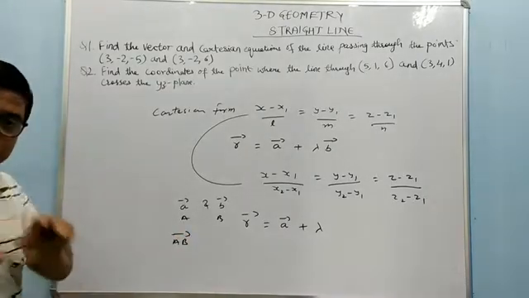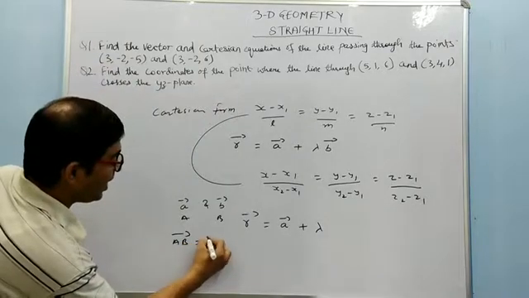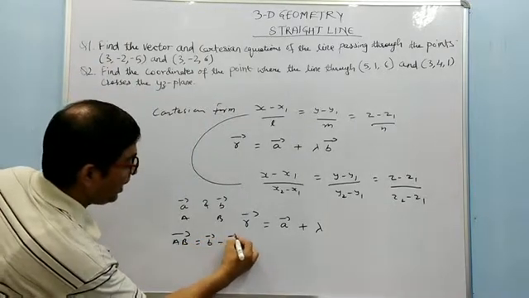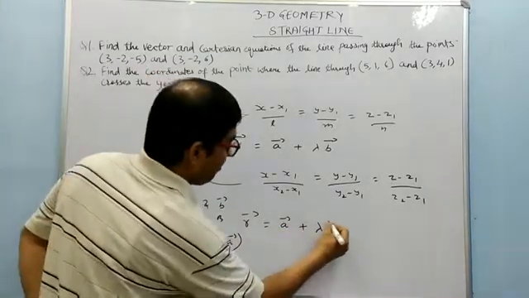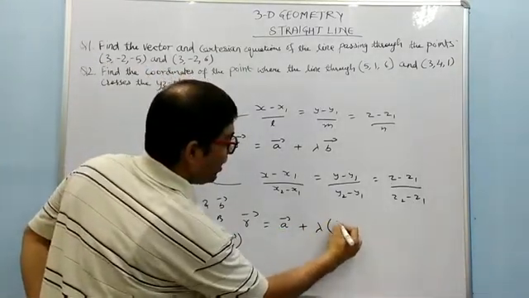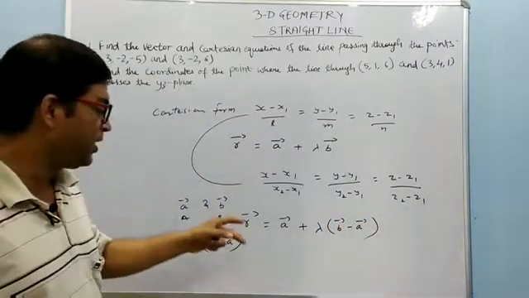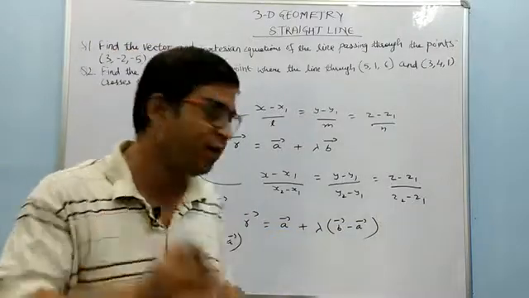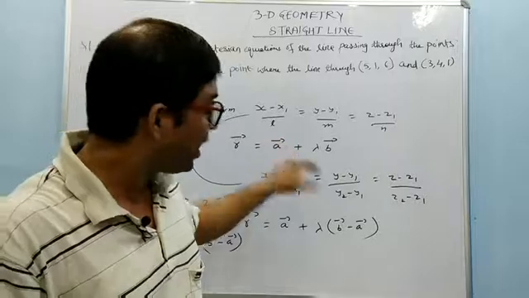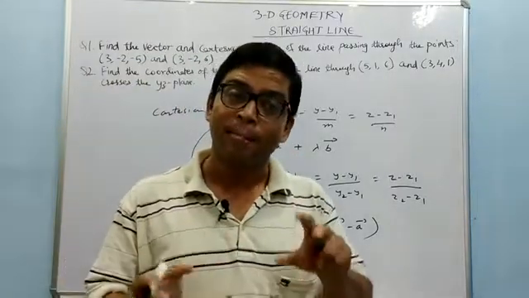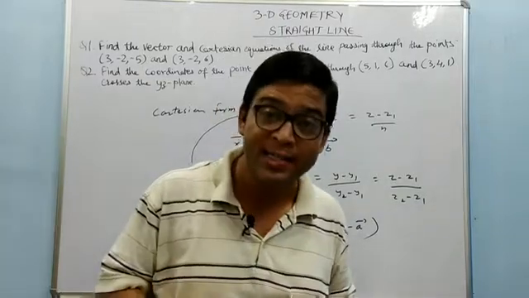You remember, position vector of B minus position vector of A. So it will be written as vector B minus vector A. So this is going to be vector A plus lambda into (vector B minus vector A). So if two points are given, we can find the vector equation as well. We have to be conversant with the Cartesian as well as vector form, because sometimes vector form makes our work easier.